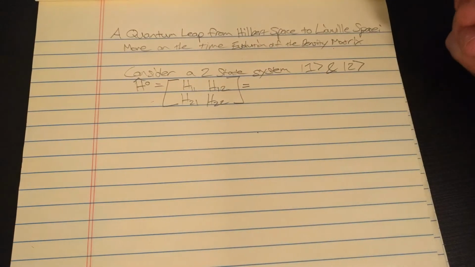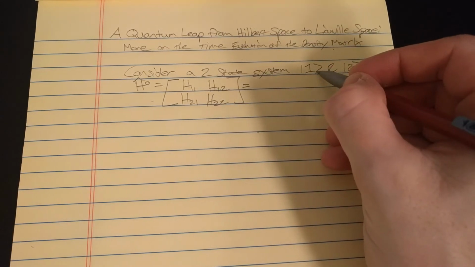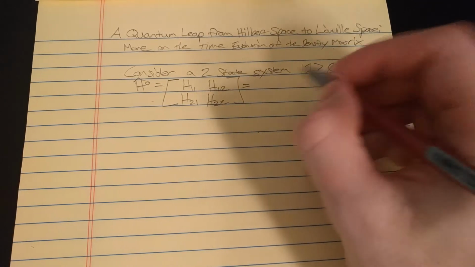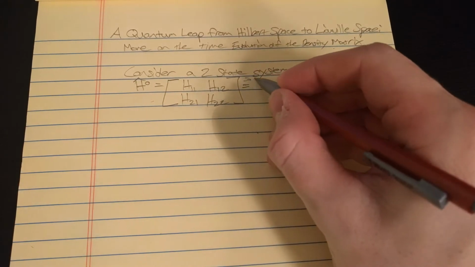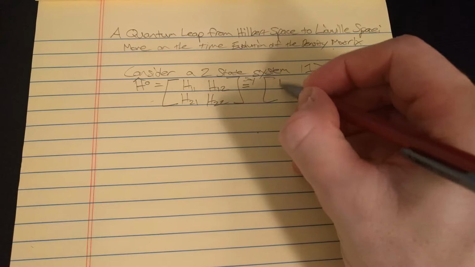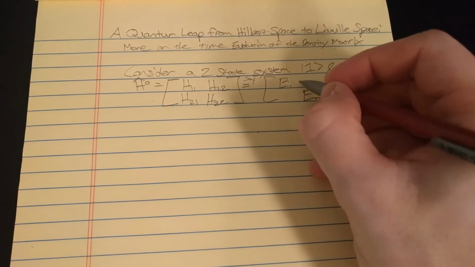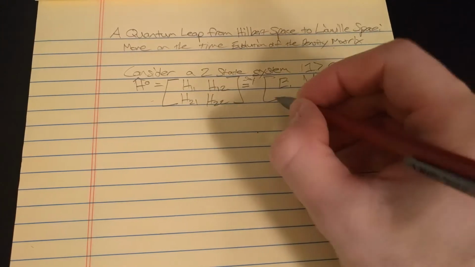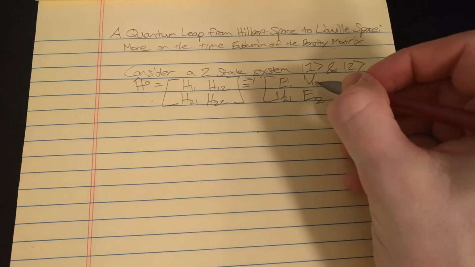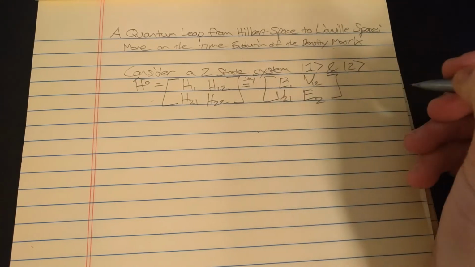We're going to say that state 1 has an energy of E1, state 2 has an energy of E2, and these states are coupled by a certain coupling constant. So H11 is equal to E1, H22 is equal to E2, and they're coupled by this constant I'm going to call V. We'll keep the subscripts on it, because V12 is not necessarily equal to V21.